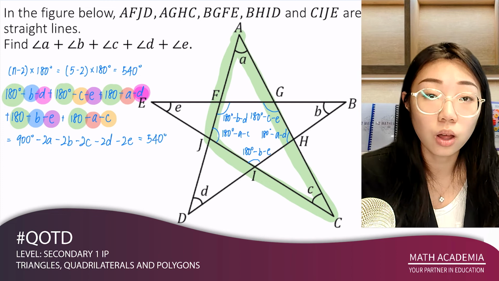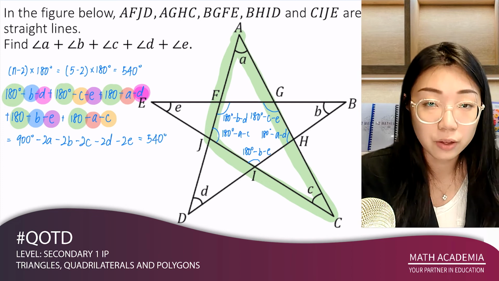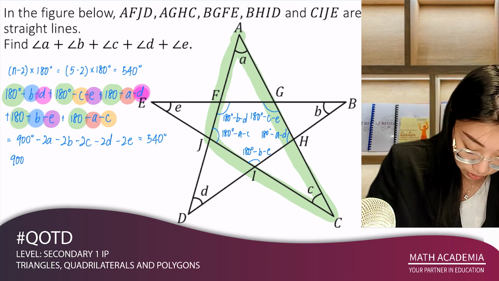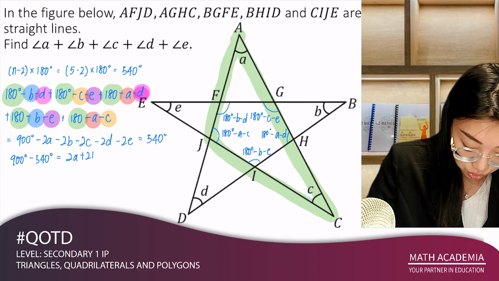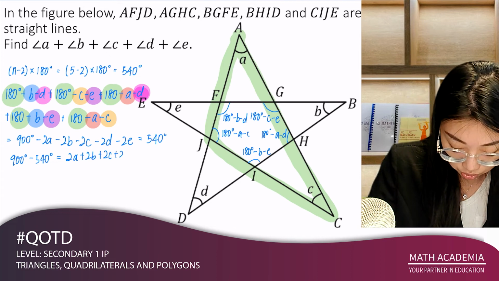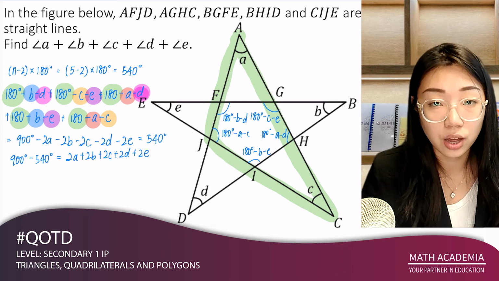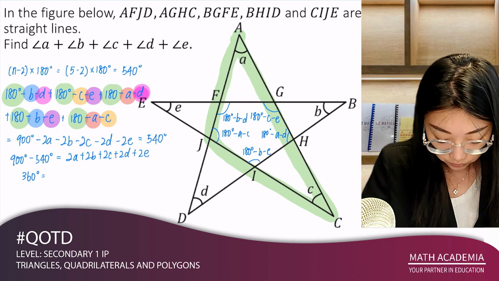So let's move all of our variables to the right side of the equation and 540 to the left side. I would have 900 degrees minus 540 degrees equals 2A plus 2B plus 2C plus 2D plus 2E. 900 minus 540, I would have 360 degrees.